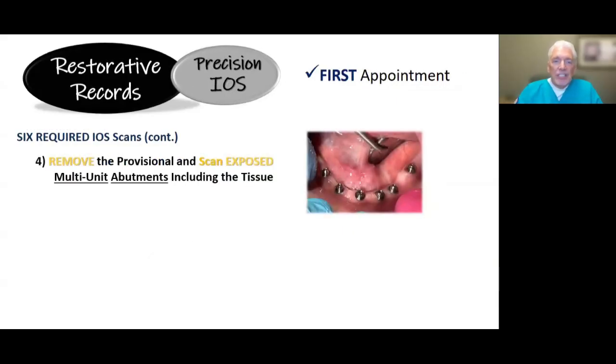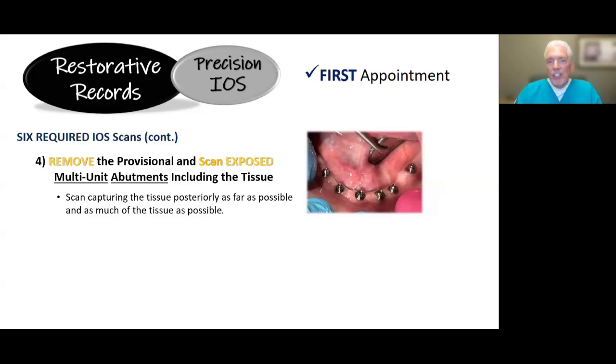Then for our fourth scan, this is a really critical one. You're going to remove the provisional now, and be sure to clean off any residual in the tissue if necessary. Hopefully, the patient did a nice job with their home care. If not, get on them about that because they've got to take ownership of this.